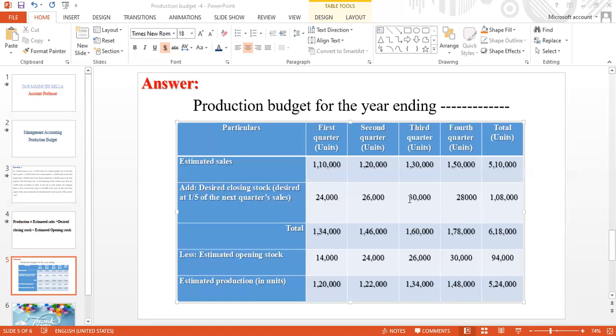1,30,000, see here, 1,30,000 divided by 5. Okay, 1/5. 5 into 1 is equal to the same.